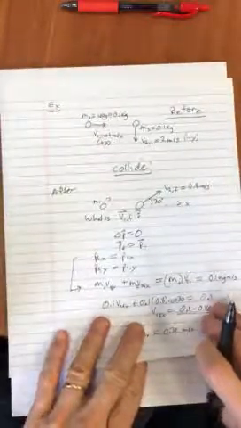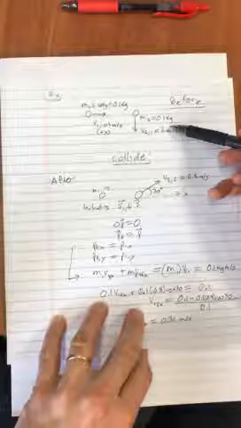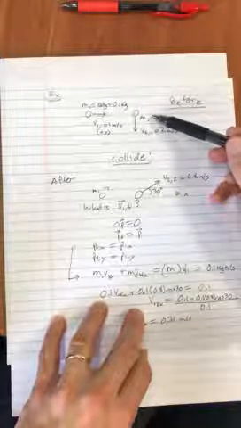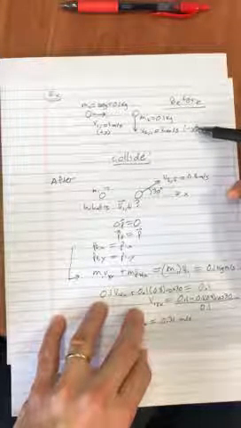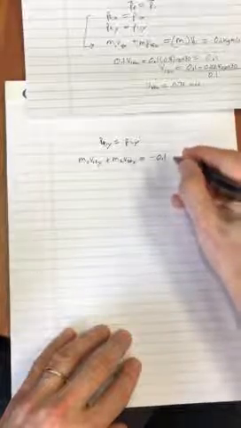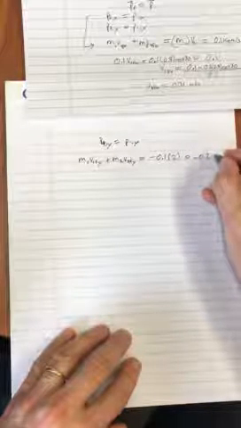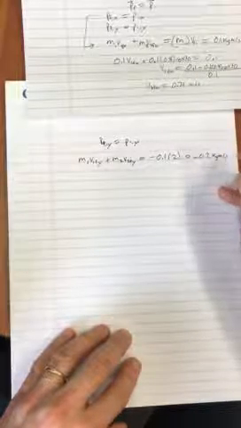And before the collision, the only particle that had momentum in the y direction was particle 2. So that's m2 times v2i, and that's in the minus y direction. So that gives me minus 0.1 times 2, or minus 0.2 kilograms meters per second.